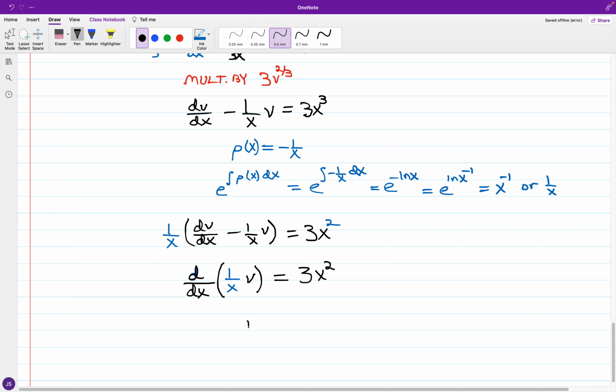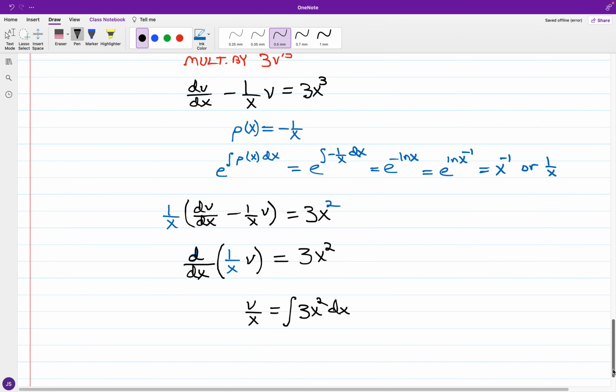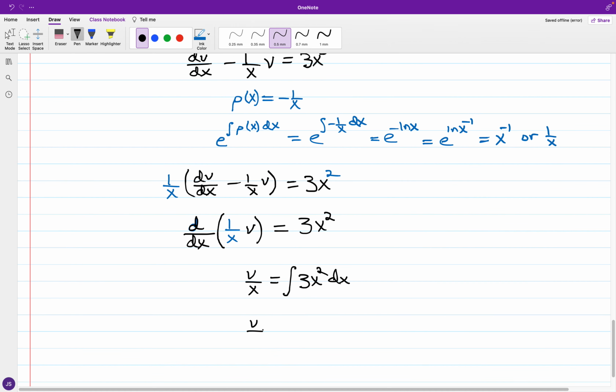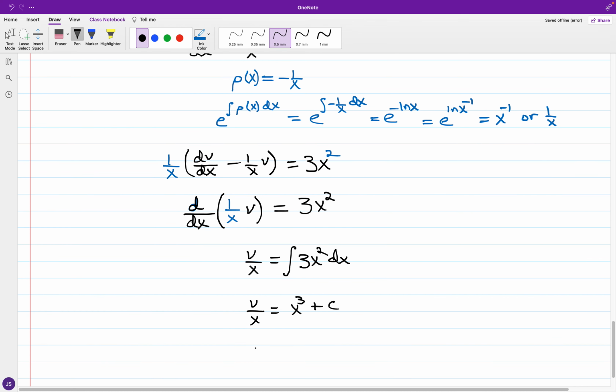Looking at integrating over both sides, we'll have v over x is equal to the integral of 3x squared dx. So we have v over x is equal to x cubed plus c, and isolating v, multiplying by x, we have x to the fourth plus cx.